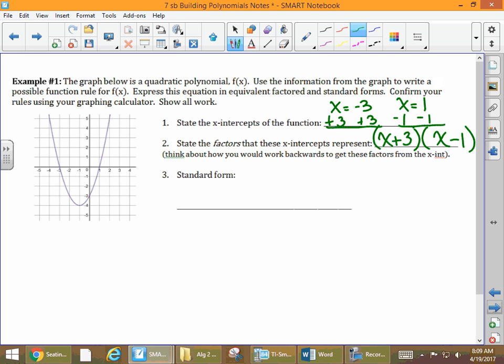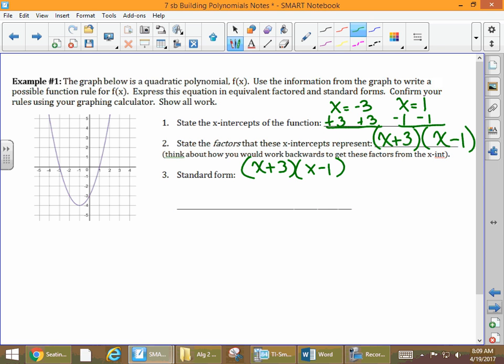What we need to do to finish here is we need to find the standard form. So in order to do that, we are going to FOIL or use the distributive property on this x plus 3 times x minus 1. So I'm going to run out of room a little bit here, but I think we'll be okay, and even you can write underneath the line. There's enough space.